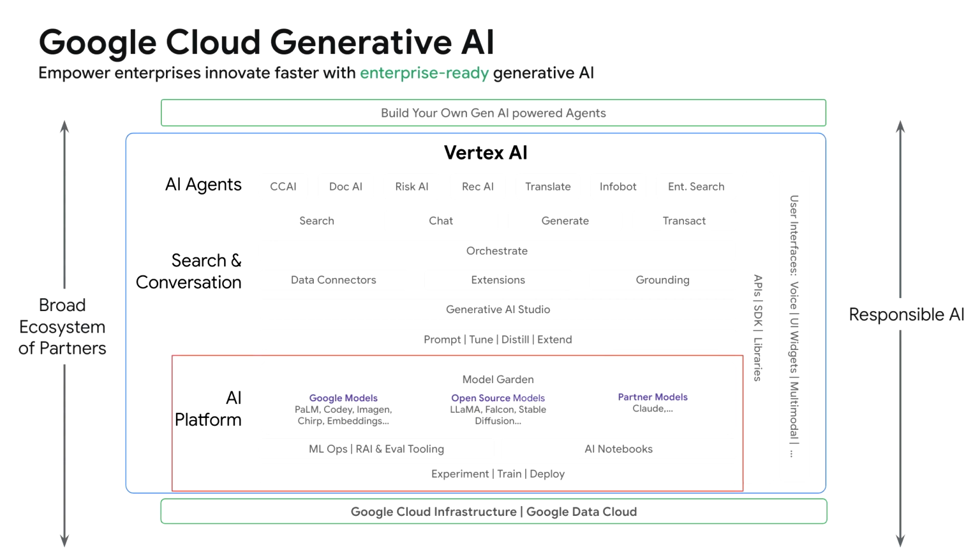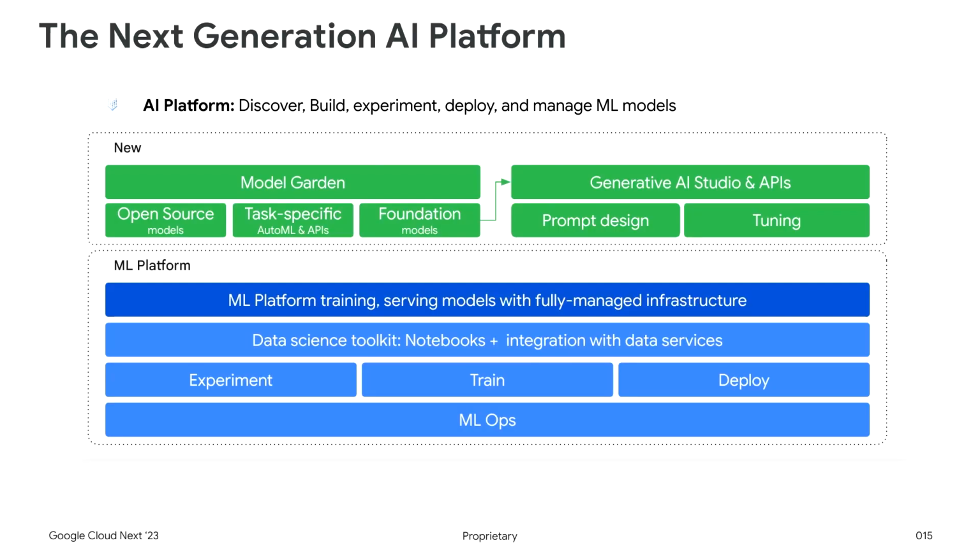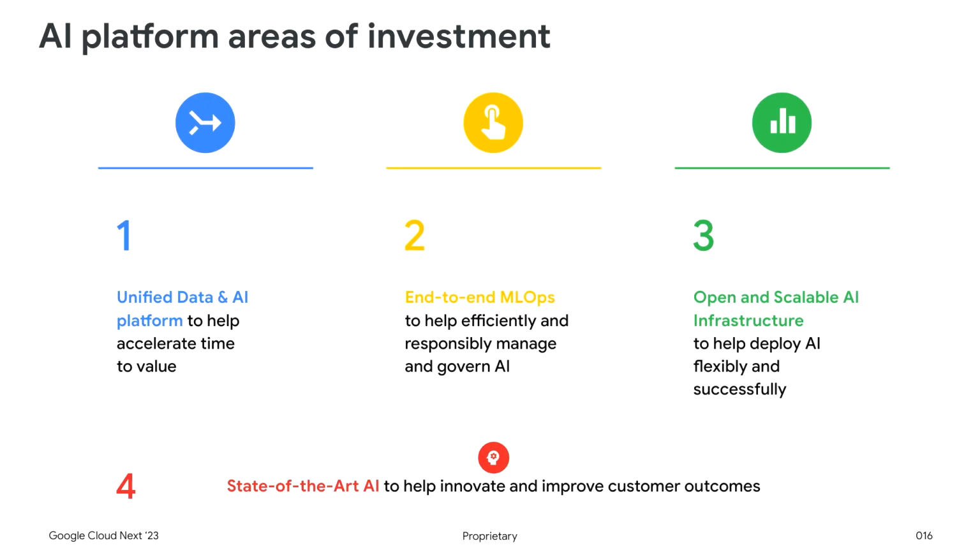Now, I want to take our focus to the AI platform and look at it a little bit closer. The AI platform includes the ML platform that provides the end-to-end managed MLOps experience, and in the green, building on top of that, an integrated Gen AI experience through Model Garden and Gen AI Studio.